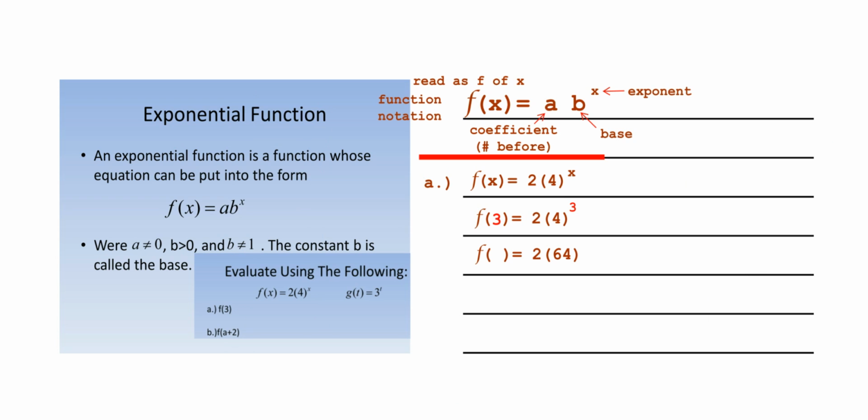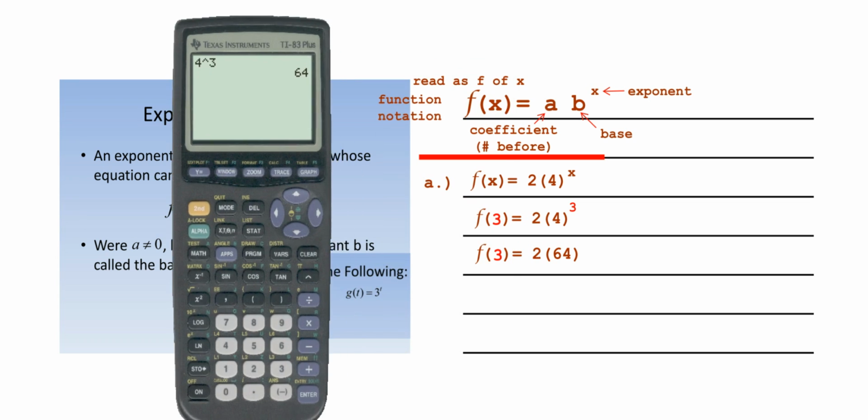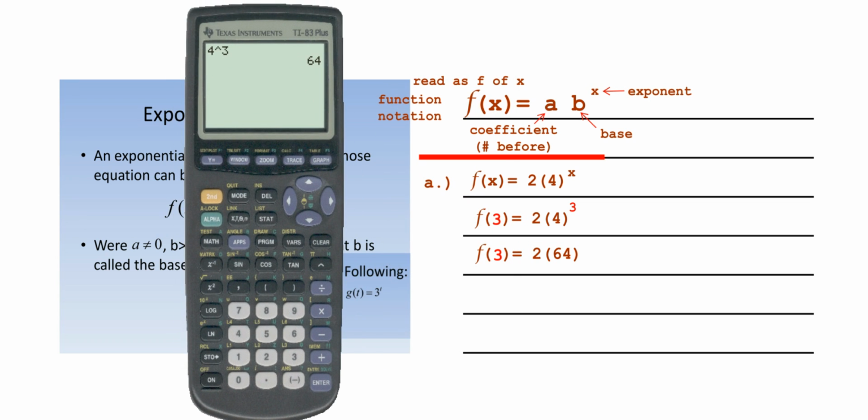So far, f at 3 equals 2 times, now we have 64. So 2 times 64 will give us, 4 times 2 is 8, 6 times 2 is 12, so 128. Or we can always double check with a quick calculator check. Don't forget, it's a very useful tool.